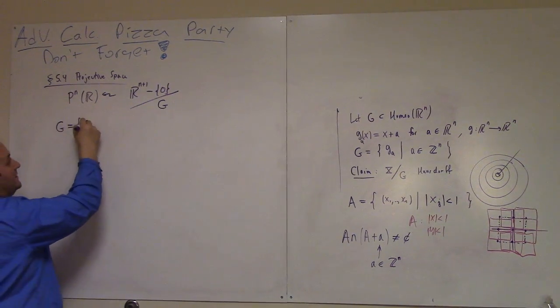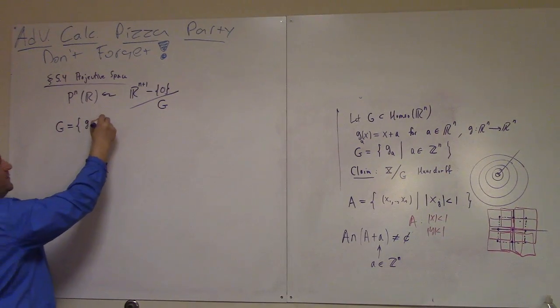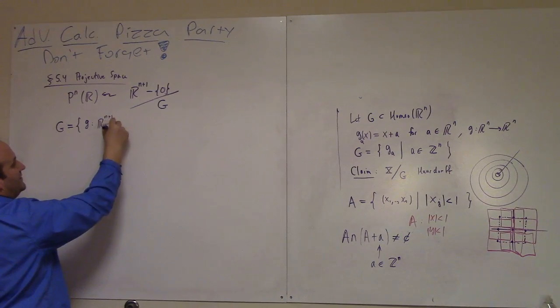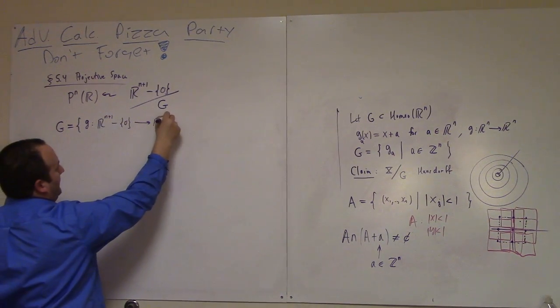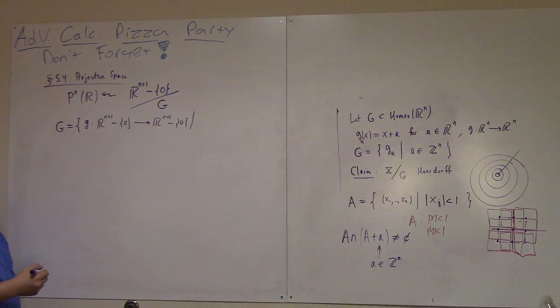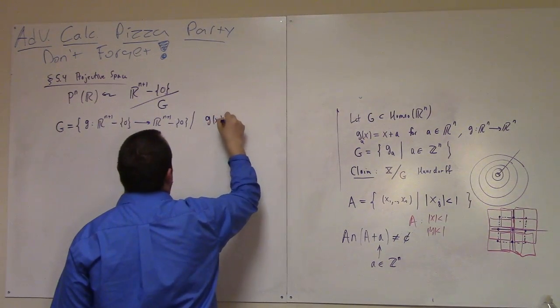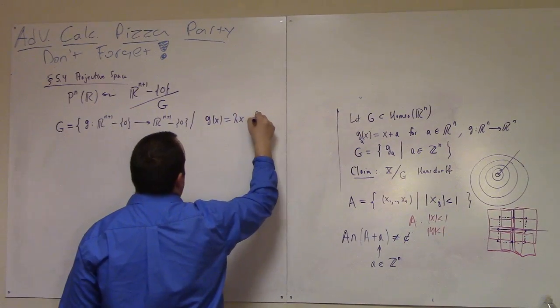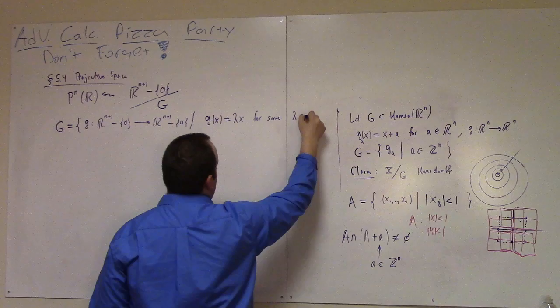So G, basically what you're looking at, is G from R^(n+1) minus the origin. What's the formula? G of x is equal to lambda x for some lambda in the reals.